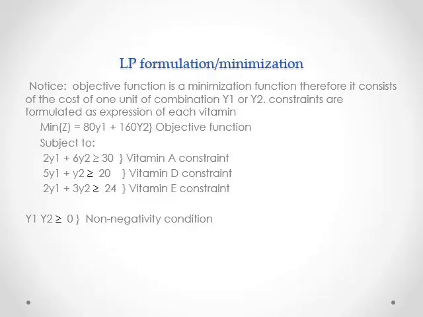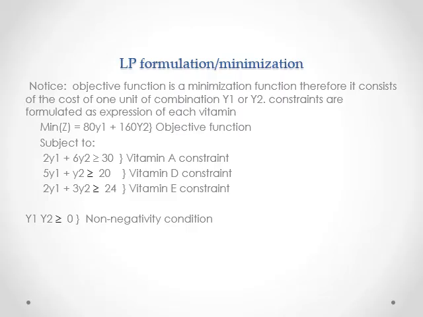So 2 units is for y1 and 6 units is for y2. The available quantity of vitamin A is 30.